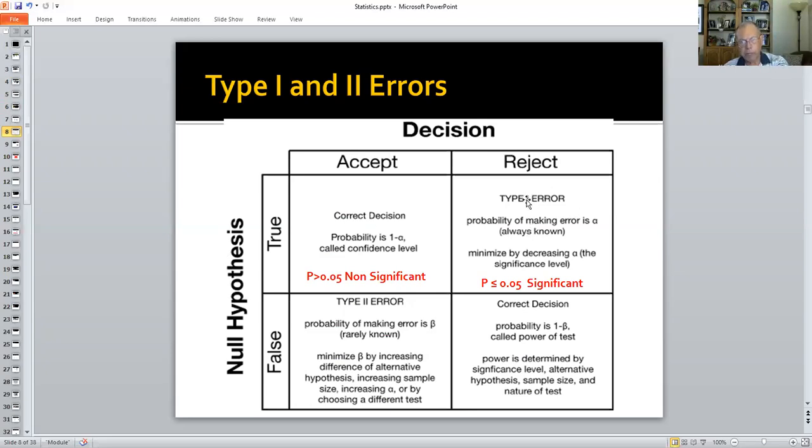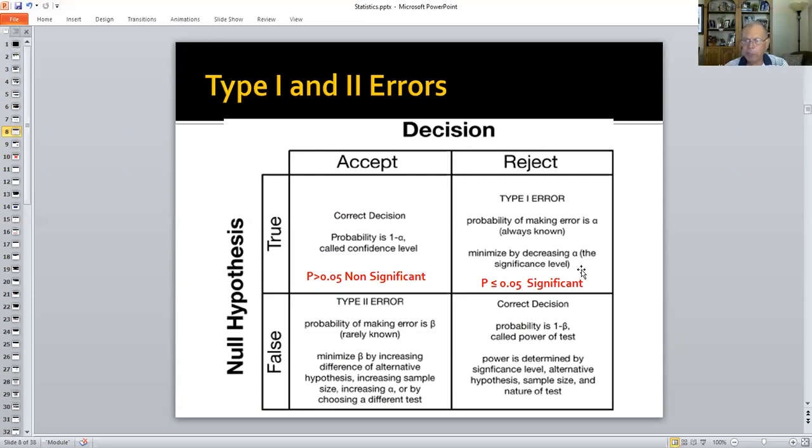Now the risk here is that type 1 error, the false positive. We minimize the risk by decreasing alpha, the significance level. And what this means is, if we were to set a standard not of 0.05, but say 0.001, well then that's a higher standard, and that further minimizes that risk of a type 1 error.